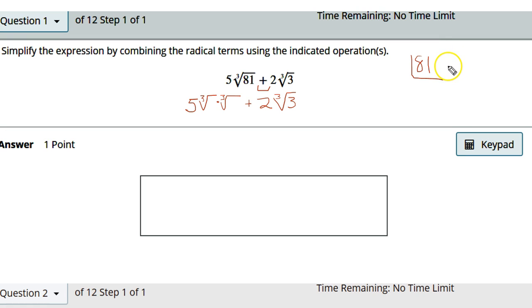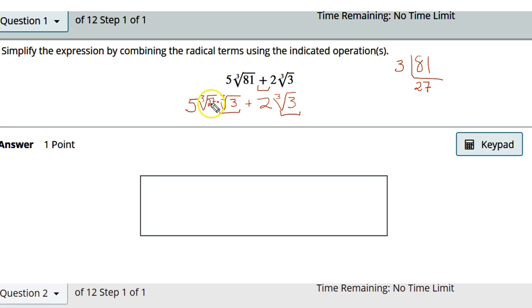And 9 is divisible by 3. So this is 27. Now 27 is a perfect cube. So we put that over here. And then what's not a perfect cube is the 3. So now these parts are the same.